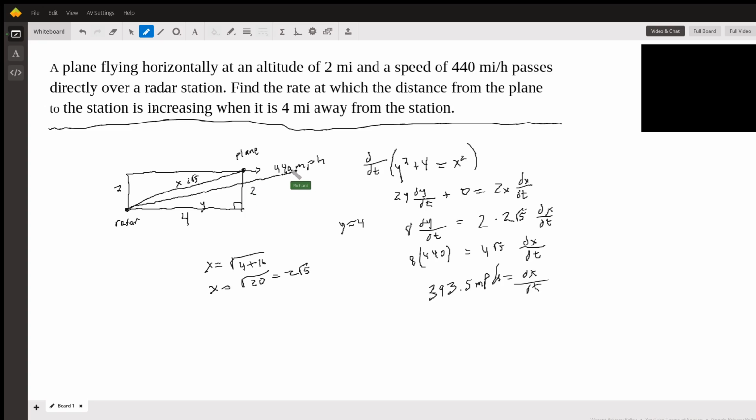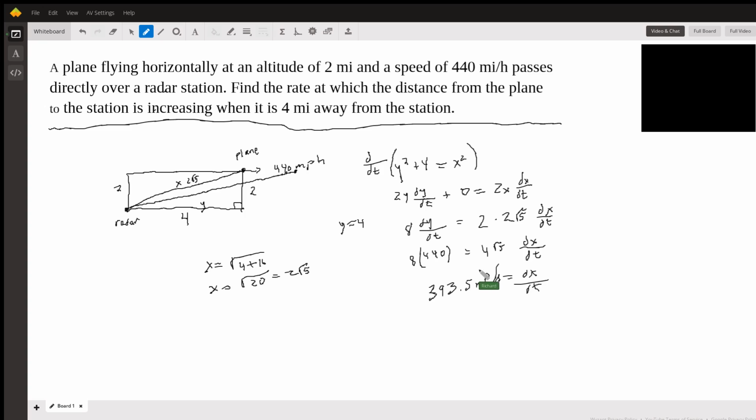And so it makes sense that the rate of change for the horizontal speed of the plane is going to be faster than the rate of change for the diagonal. So that answer here makes perfect sense.